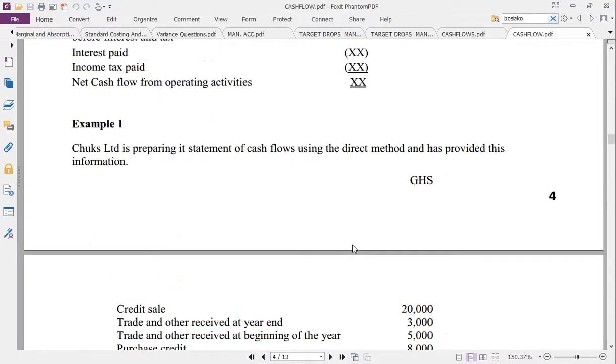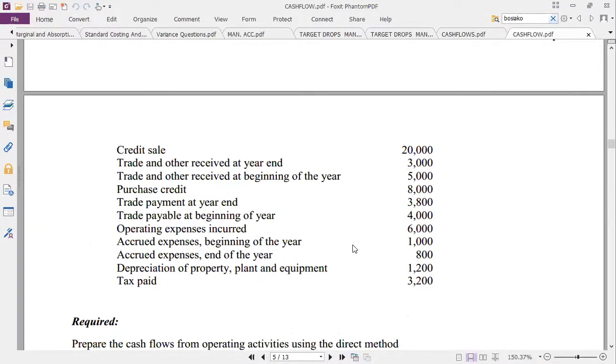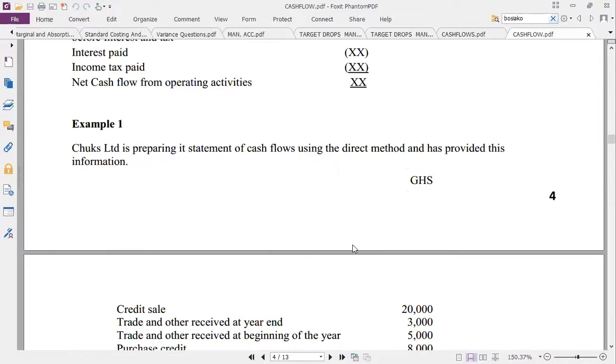Okay, so first illustration: Chunks Limited, example 1, page 4.